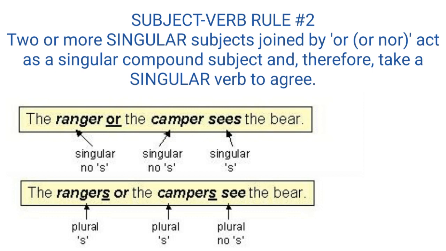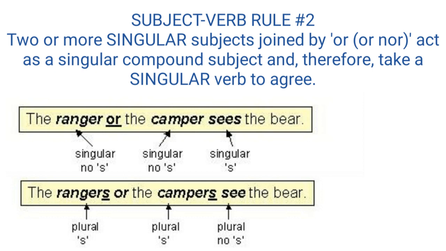In the first rule, we said that while we are joining two subjects, even if they are singular or plural, we should consider it plural because it is being added with the word and, isn't it? While we are combining two subjects by using and, we should use a plural verb.